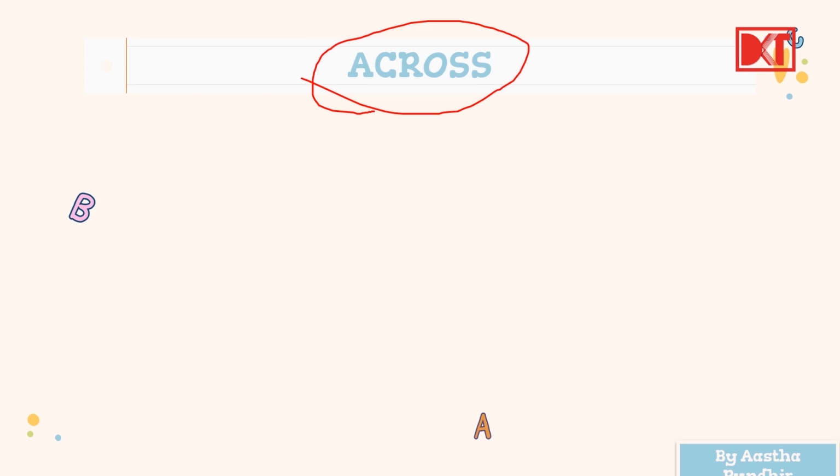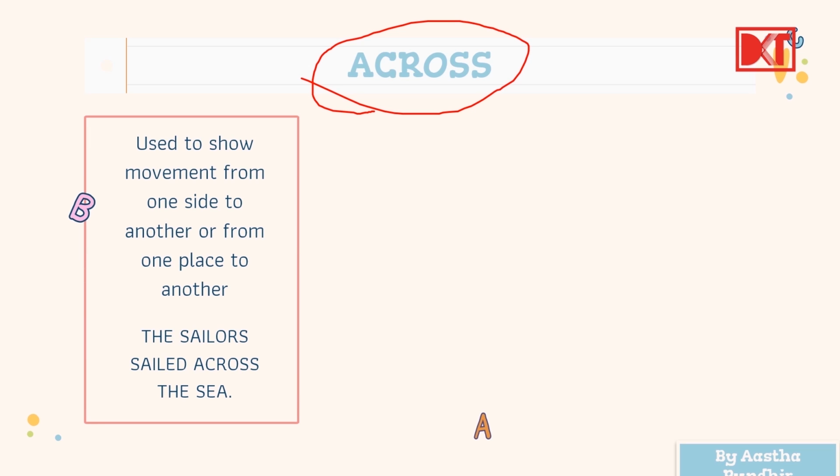Now let's move on to the next preposition, across. When is across used? Used to show movement from one side to another or from one place to another. For example, the sailor sailed across the sea. Across the sea.